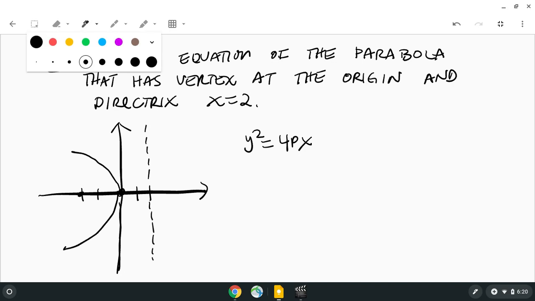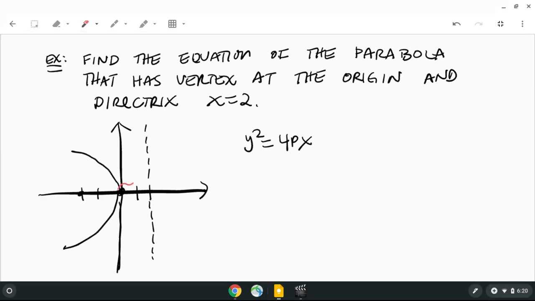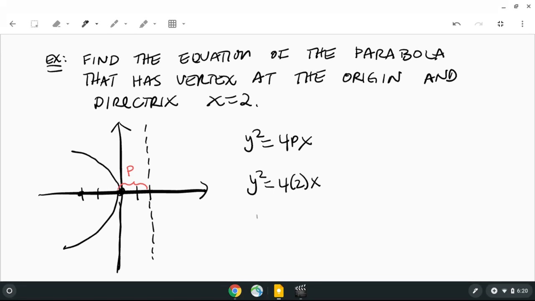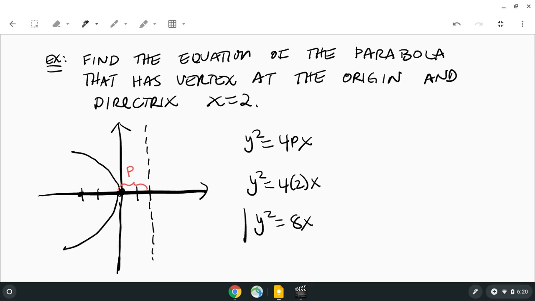My p-value is this distance right over here, which is 2 units. So I can plug in 2 for the p-value. And that's all I need to come up with my equation. So y squared equals 8x.